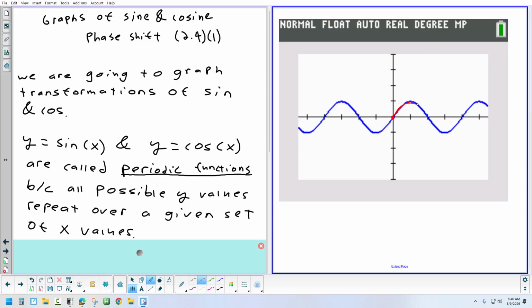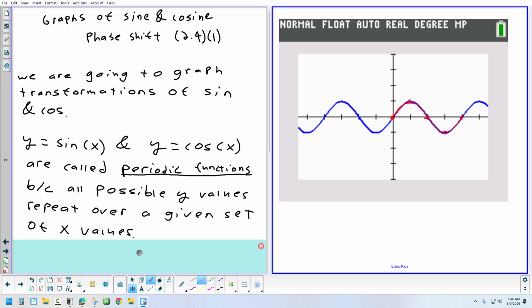So it goes up, comes back down to 0, then hits its lowest value at -1, and then comes back up. So 0, 1, 0, -1, 0. That pattern of numbers is what's going to repeat over and over. 0, 1, 0, -1, 0, 1, 0, -1, 0.